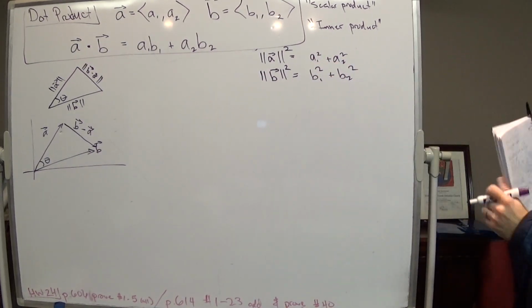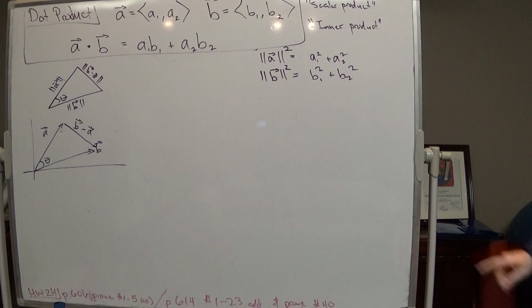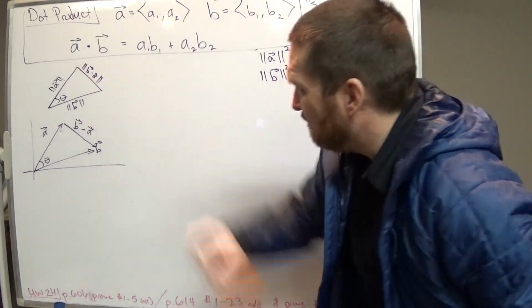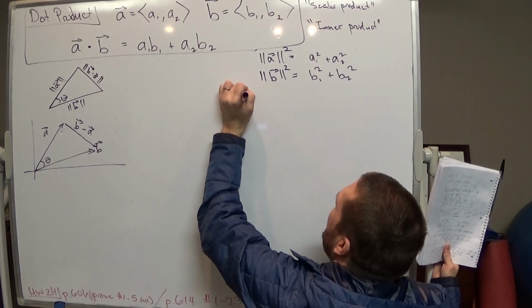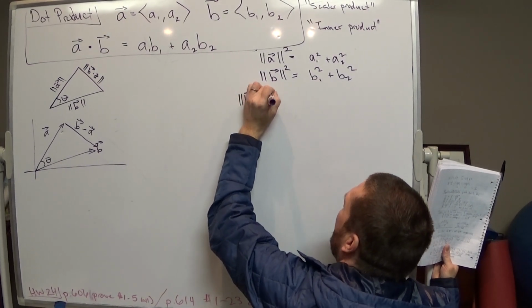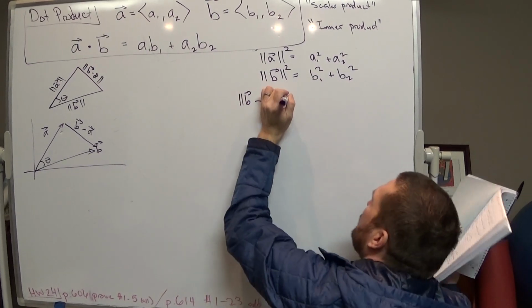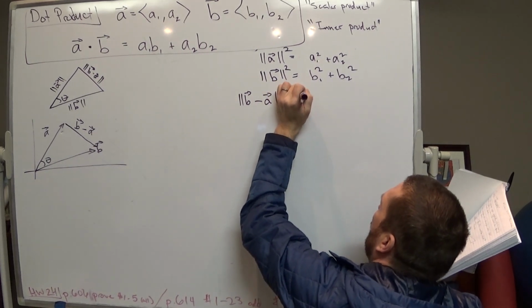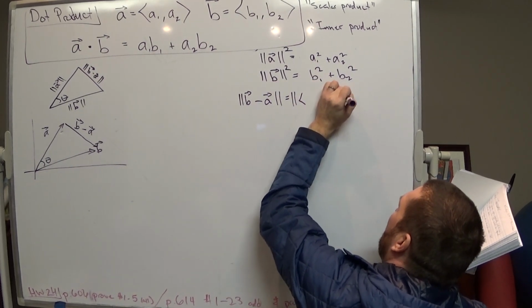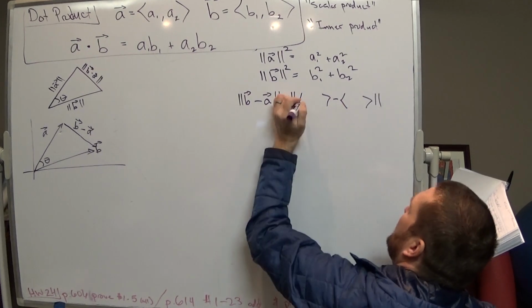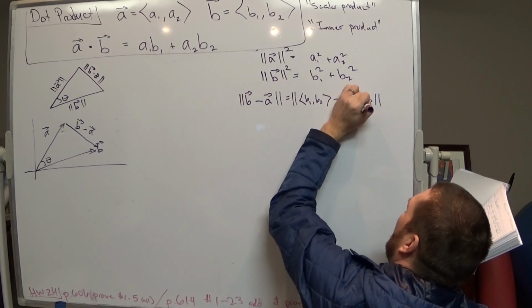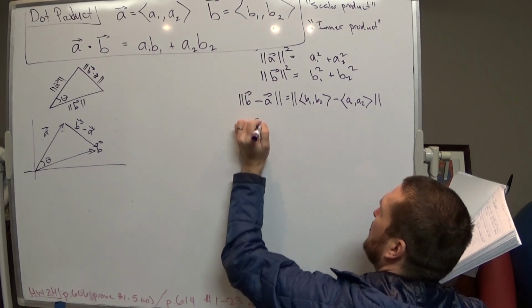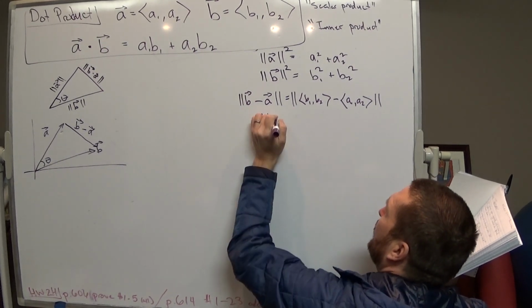Okay, now here's the hard part. I want this guy. So, b minus a, the magnitude of. First off, let's find what b minus a is. So we have b1 comma b2 minus a1 comma a2, which is equal to, well, that's just a vector.